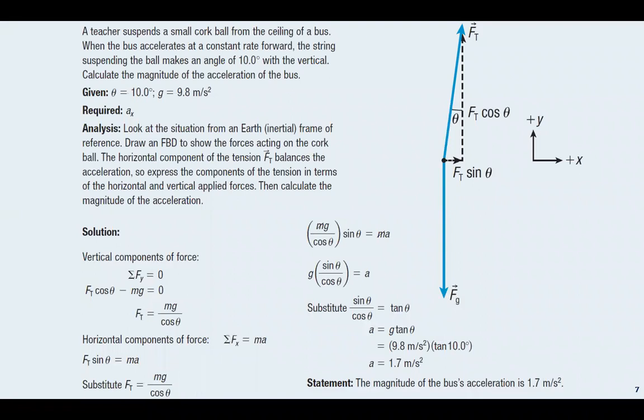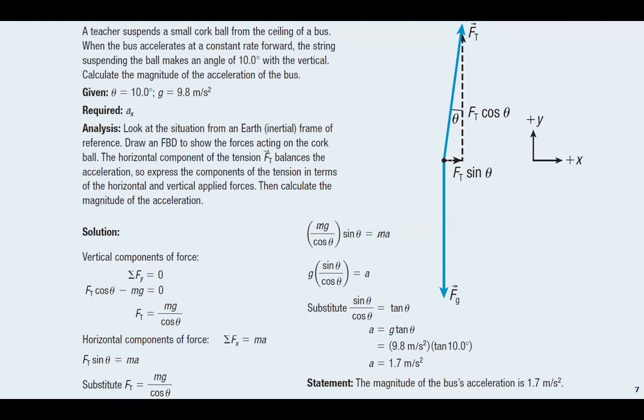Then the horizontal components of the force: the sum of Fx equals ma, where a is the acceleration of the cork ball. Then we have tension times sine theta equals ma. And then substitute Ft equals mg over cosine theta. This gives us mg over cosine theta, times sine theta, equals ma.